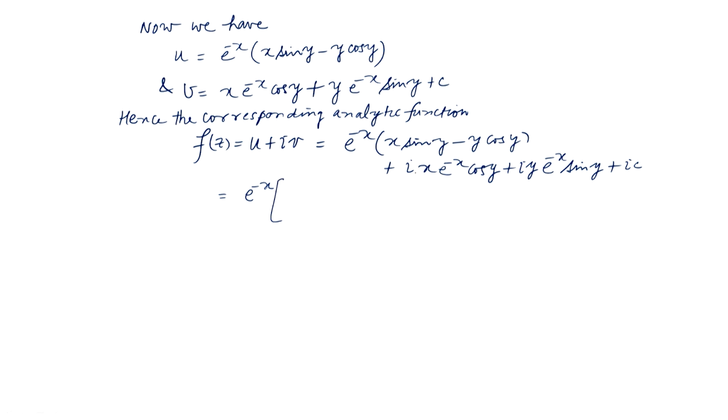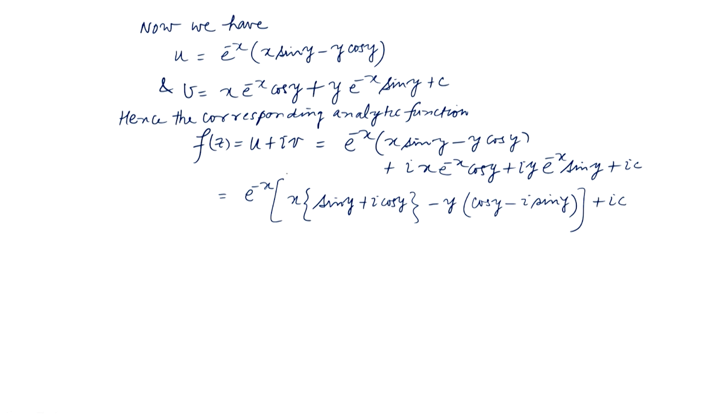We have x times (sin y plus i cos y), and here we have minus y times (cos y minus i sin y).